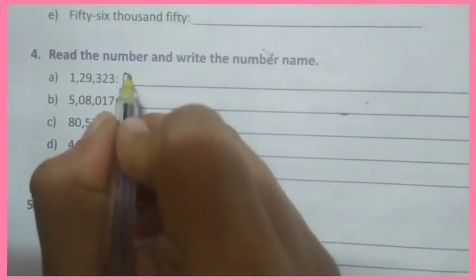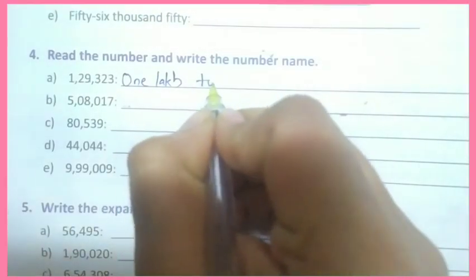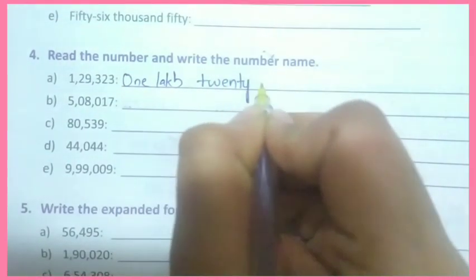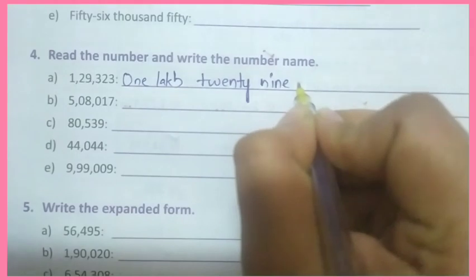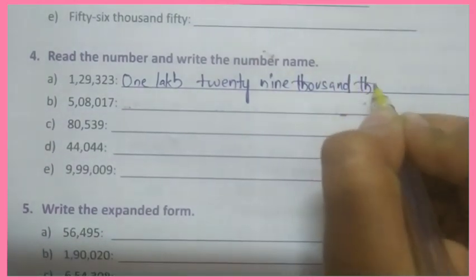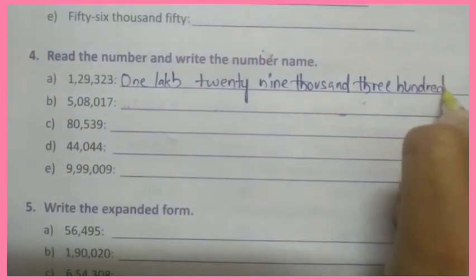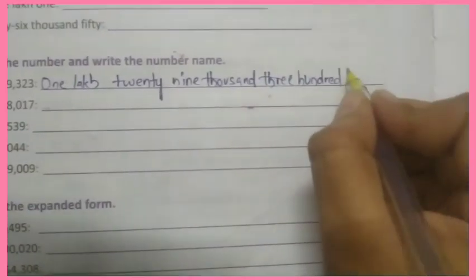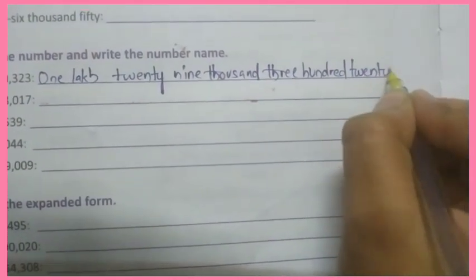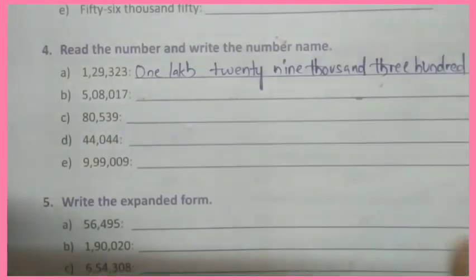Write like that. 1,29,323. Okay, like this complete.